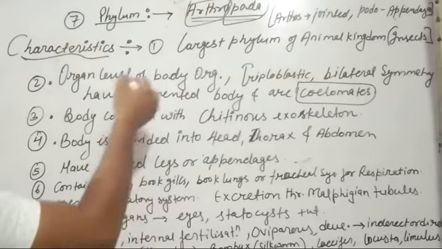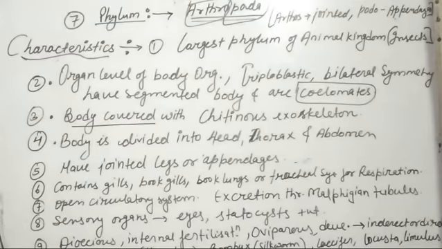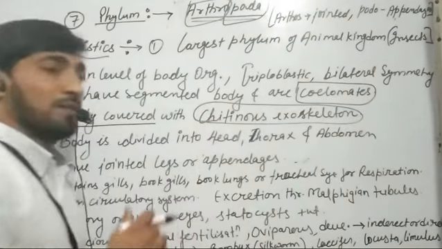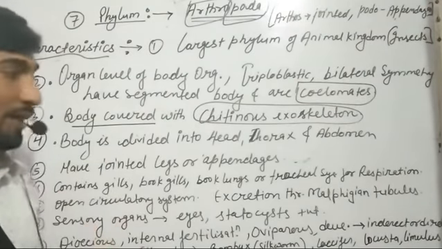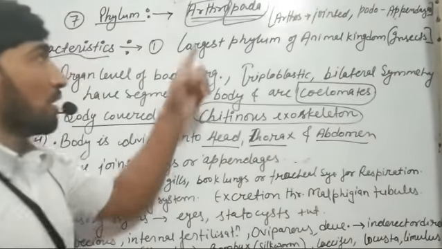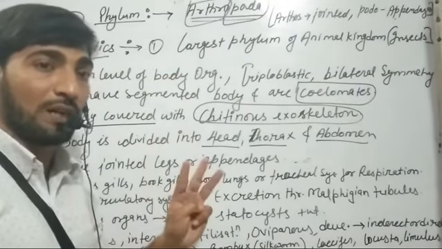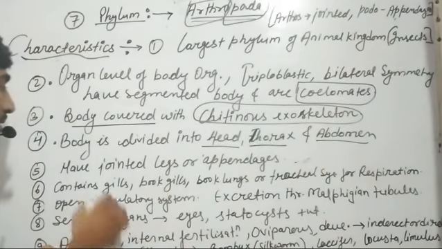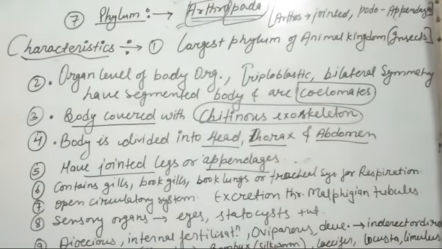Now further, in Arthropoda, the organisms have their body covered with a chitinous exoskeleton. So their exoskeleton is made up of chitin, and their body is divided into three parts, that is head, thorax, and abdomen, and they have jointed legs or appendages, as the name Arthropoda says.